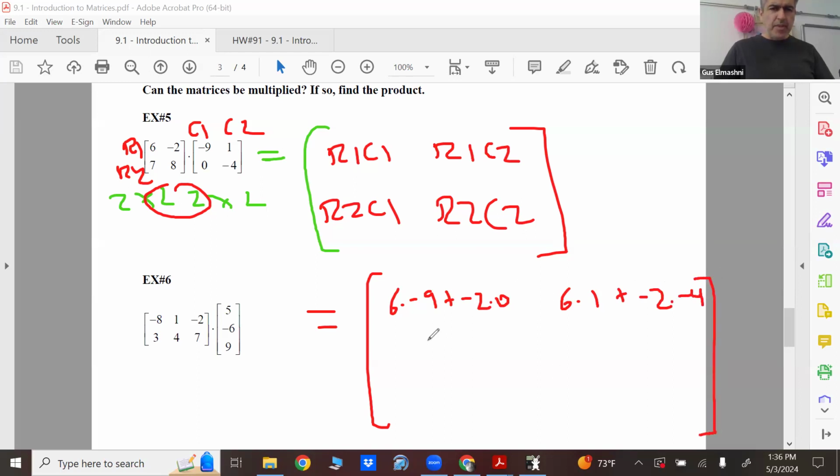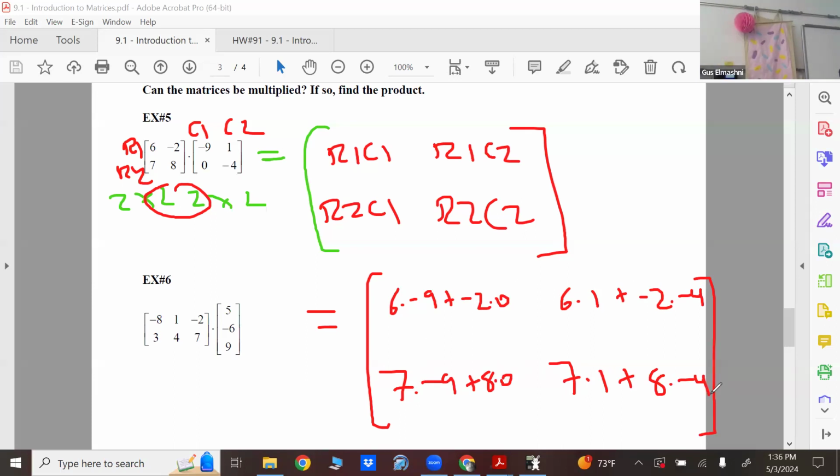Then 7 times -9 plus 8 times 0. 7 times 1 plus 8 times -4. So notice: 6, 6, -2, -2, 7, 7, 8, 8, -9, -9, 0, 0, 1, 1, -4, -4. So it's a very organized process.